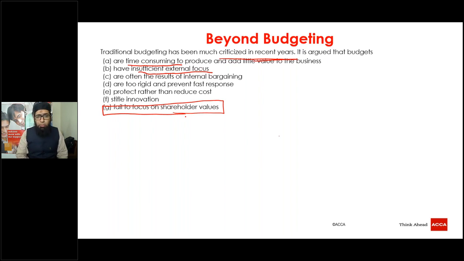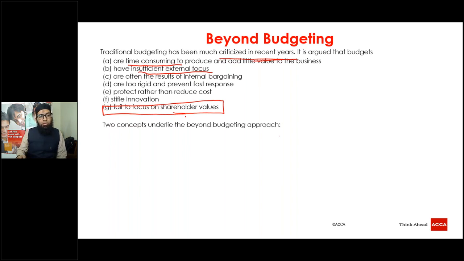And the beyond budgeting approach says that due to such criticisms, we should forget about preparing budgets in the organization. So this budgetary system is a disaster for the company. We should avoid that. But then the question is, if we don't prepare a budget, what should we do? How are we going to plan? How are we going to do our activities?